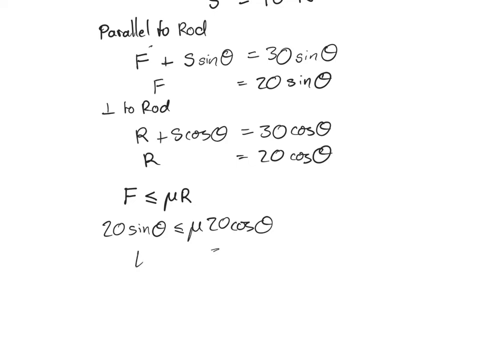So tan theta is less than or equal to mu. There we go. And that was part 4. Let's go on to question 2.